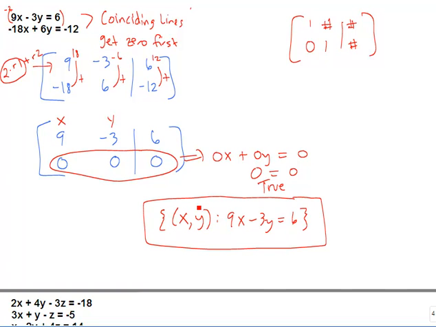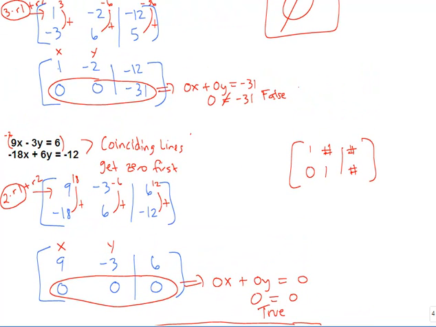So every point, x comma y, on this line is an intersection point. So every point on this line is my solution. Okay, so these are the two special cases that you're going to see. If you look back at the last one, in the parallel line case, you had 0, 0, and then a non-zero number on the right side of the vertical bar, and that gave you no solution.